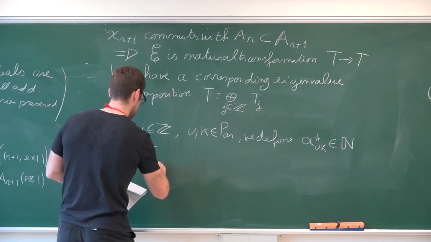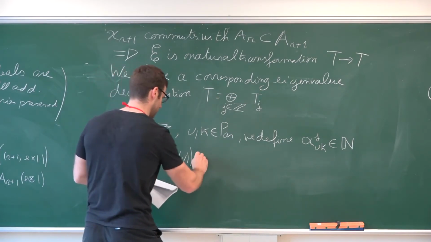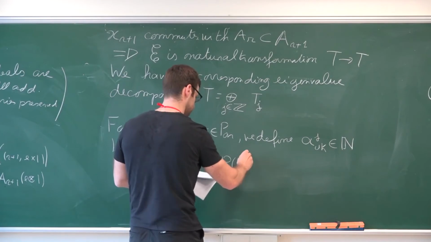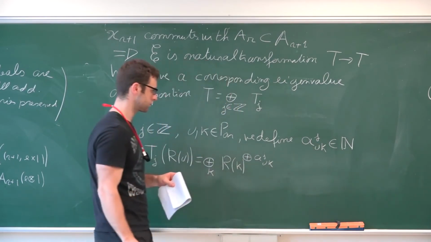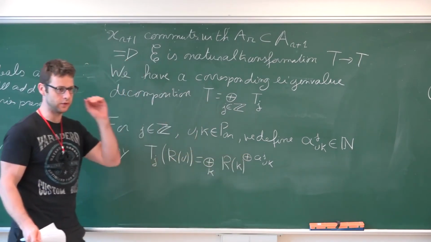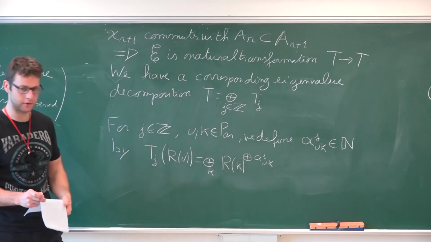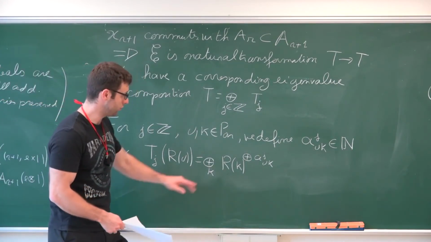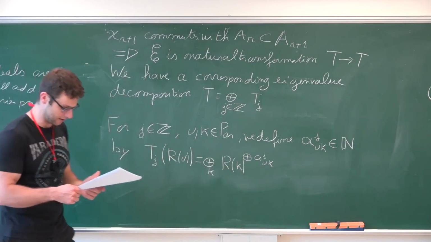By this relation, we say that Tj acting on this indecomposable object has this expression. So what we get here must decompose into a number of indecomposable objects. We just keep track of the multiplicities and define some numbers A in that way. So if we understand these numbers in particular, we know what falls out of that functor and we can classify thick ideals.